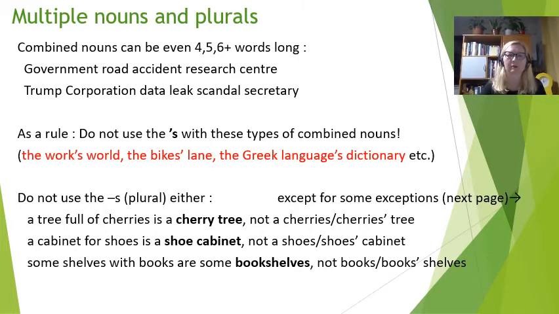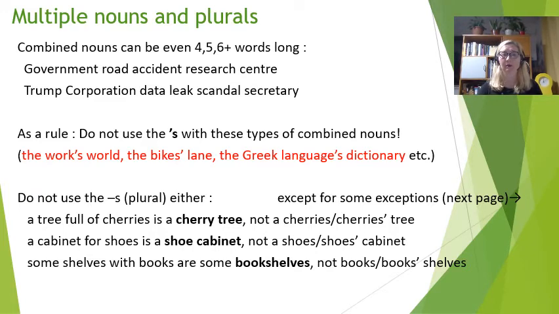Okay, this is just an example. So as a rule with combining nouns, do not use the apostrophe S. Okay, you'll just probably get it wrong and it'll be weird. Don't use the plural either.